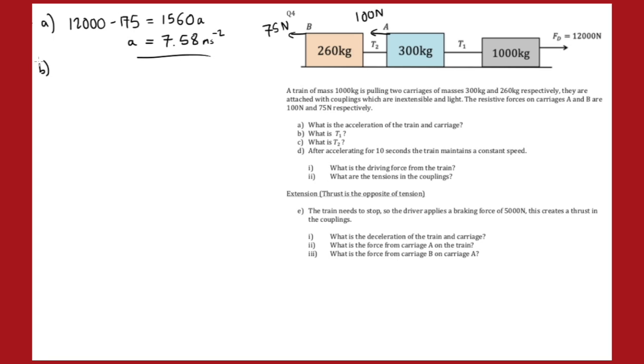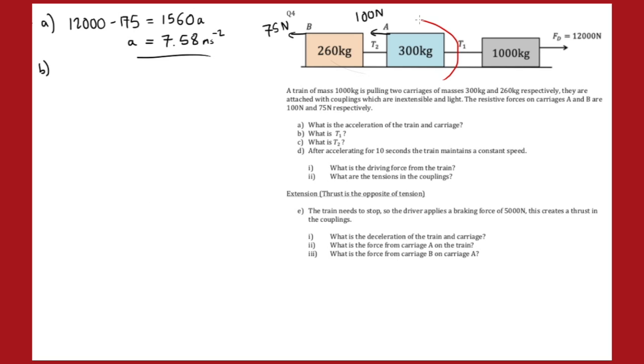So for tension 1, the first thing to think about is which of these tensions is going to be bigger, and hopefully it stands to reason that this tension is going to be bigger because it has this mass and this resistance and this mass and this resistance. So it has both of these, whereas T2 only has one. So what we're going to do is lump these two trailers together.